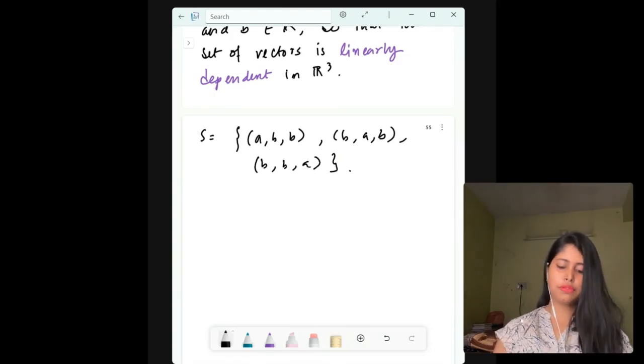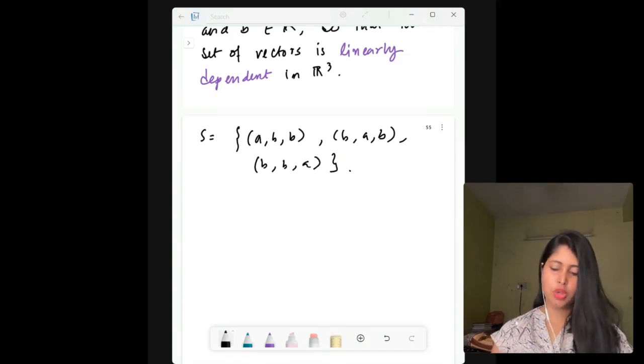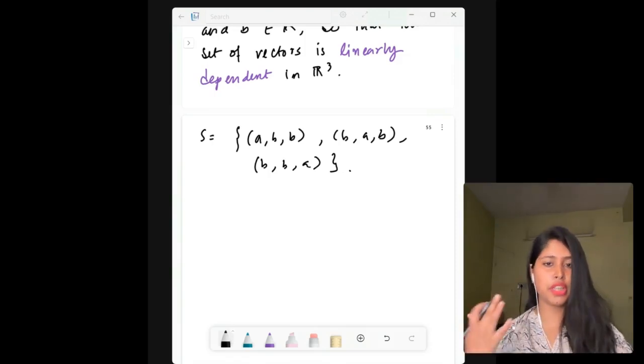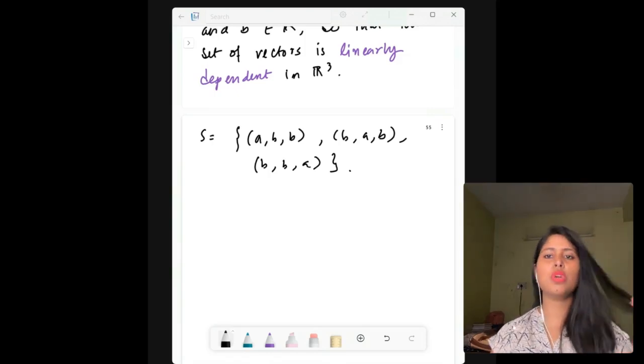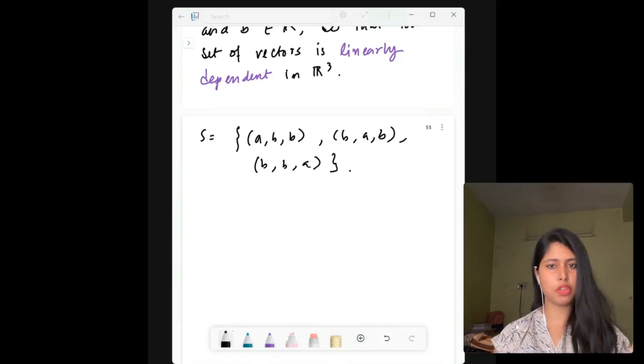Okay, now for this question, we need to find the condition, what is the relation between a and b, right? So to find the relation between a and b, this is like a parametric problem, we are looking for the conditions, we are not looking for the specific values.